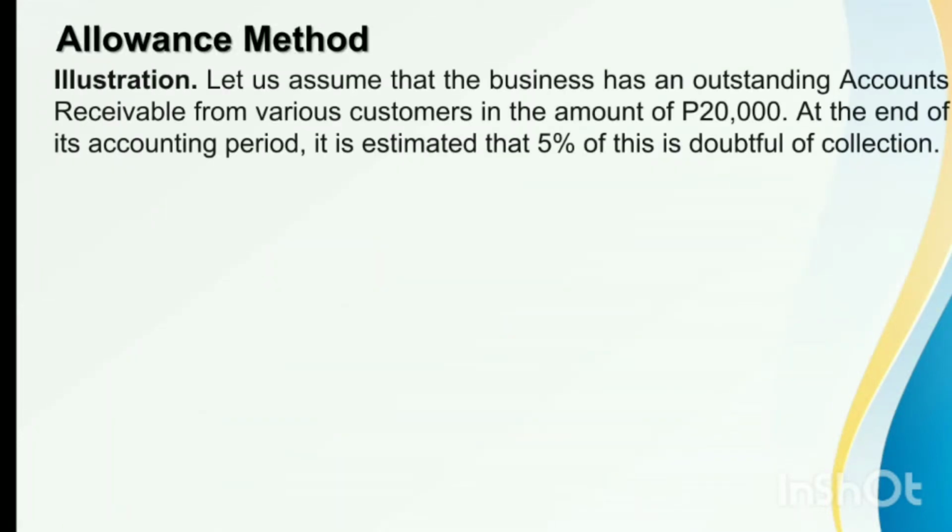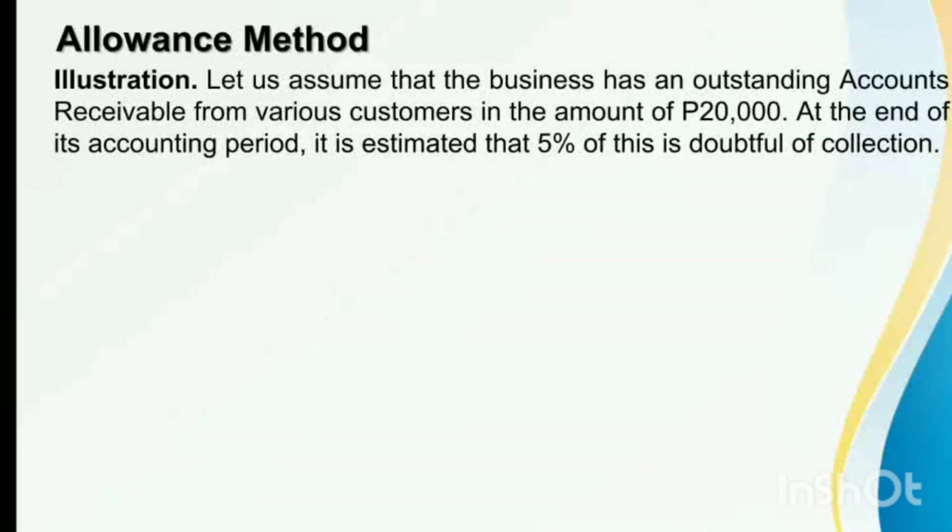Okay, so let us have this illustration under the allowance method. Let us assume that the business has an outstanding accounts receivable from various customers in the amount of 20,000 pesos. At the end of the accounting period, it is estimated that 5% of this is doubtful of collection. So let us now determine how much is the uncollectible accounts.